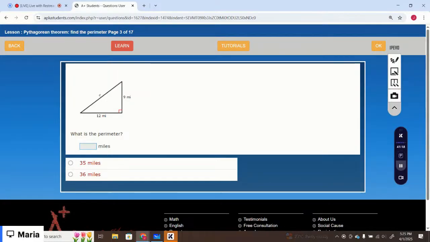What is the perimeter? Let's calculate the missing side length first.